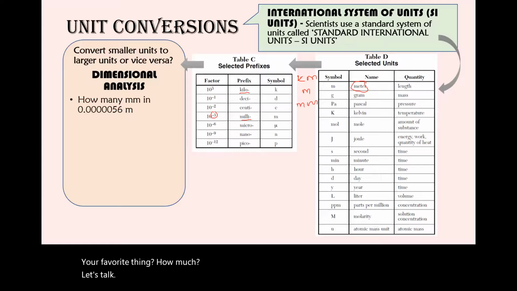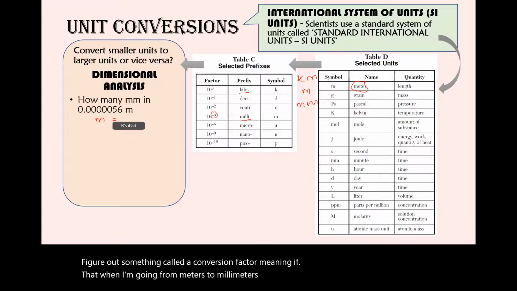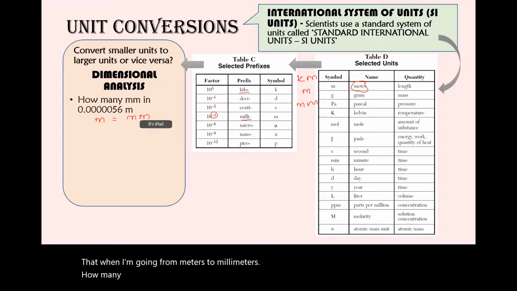So here I gave you something in meters, and I'm asking you to convert this number into millimeters. Here's what we are going to do. There are 3 steps for dimensional analysis. The first thing that you're going to do is figure out something called a conversion factor. Meaning, when I'm going from meters to millimeters, how many millimeters do I have in a meter?